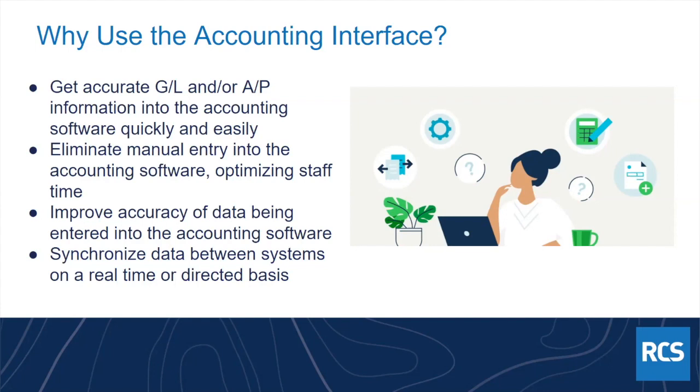And then for some reason, when you key in the payable into your accounting software, it goes in as $998. Well, then you've got a $2 difference between Counterpoint inventory and your general ledger inventory. So this synchronizes everything and keeps everything the same between the two systems, depending on whether it's a direct interface or an export interface, on a real-time or a directed basis.